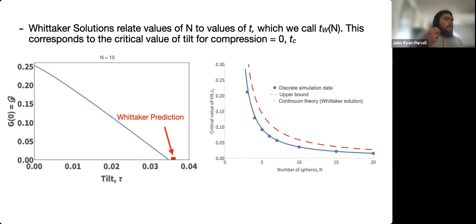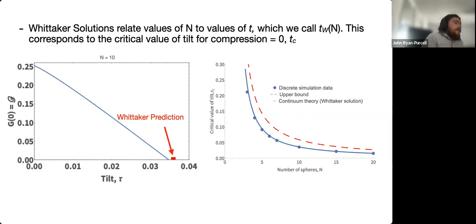Eventually, at some point when you tilt one of these systems, they are going to detach from the top wall. The top sphere will move away from the top wall as the weight of the spheres compress the system below it. And so these Whittaker solutions, how they relate the value of n to the value of t, correspond to the critical value of tilt, t_c, for that given compression.